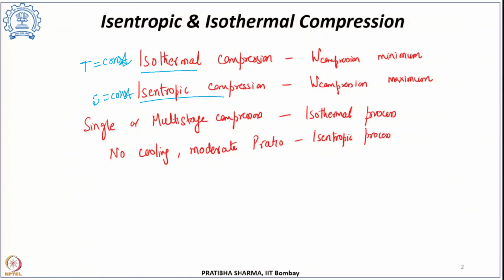You have to remember that the isothermal compression process requires the minimum work done for compression, but for isentropic compression the work done is higher, theoretically for the ideal situation.